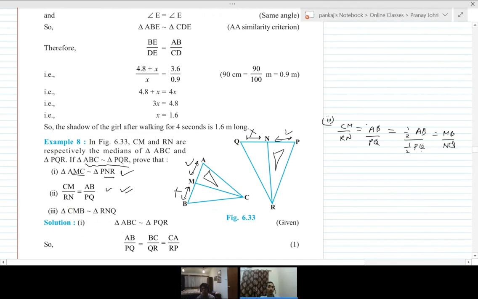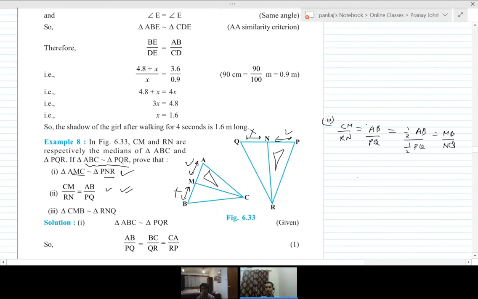And then by SAS, we already know that PQR is similar to ABC, so BC is corresponding to QR.